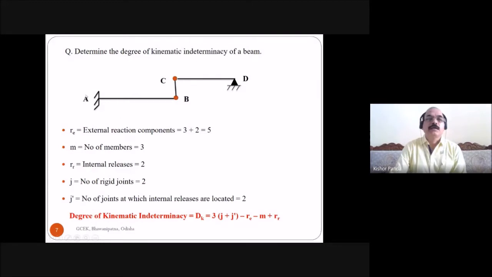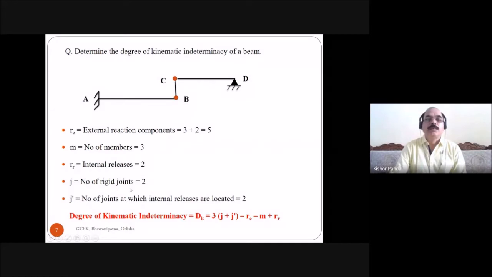Here the external reaction components are 3, and here 2. 3 plus 2 is equal to 5. The number of members, how many members here? This is 1, this is 1, this is 1, 3 members. Internal releases, this is 2 internal releases.